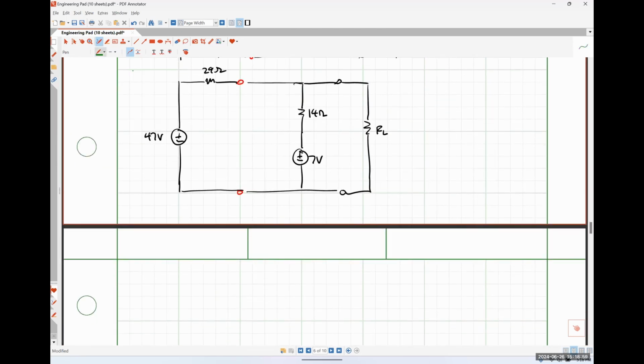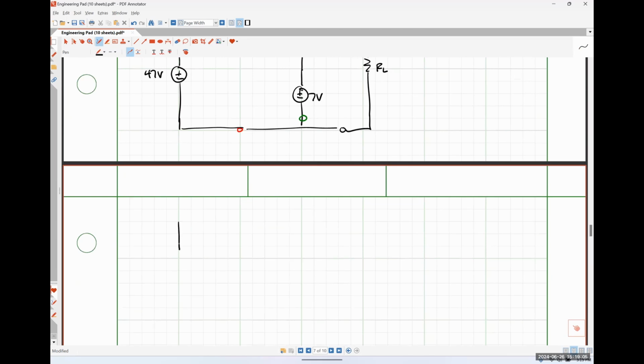Let me throw a set of terminals here. We're going to have 47/29 in parallel with 29 between my red terminals.